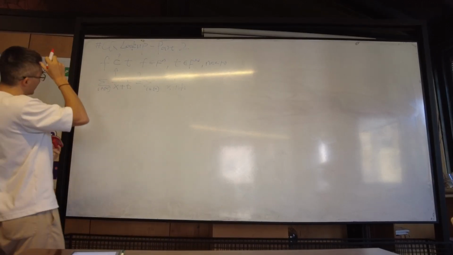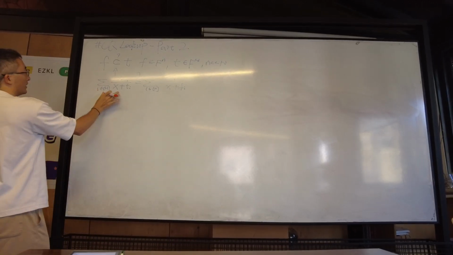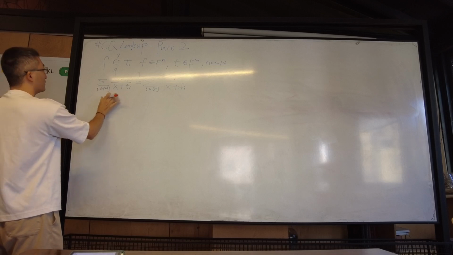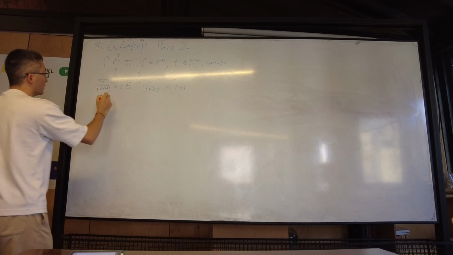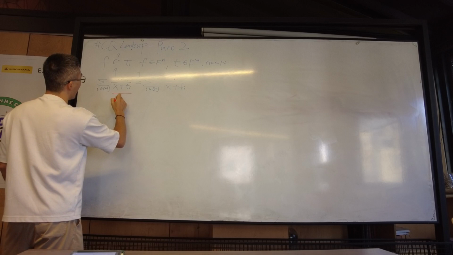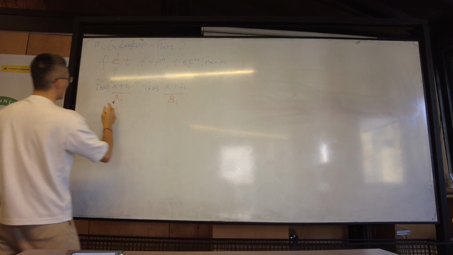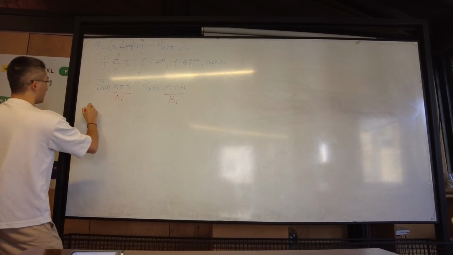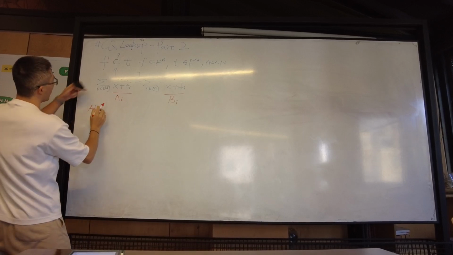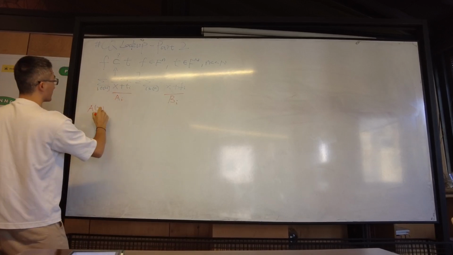Normally we'll convert this problem into polynomials. We define this one as A_i and this one as B_i.